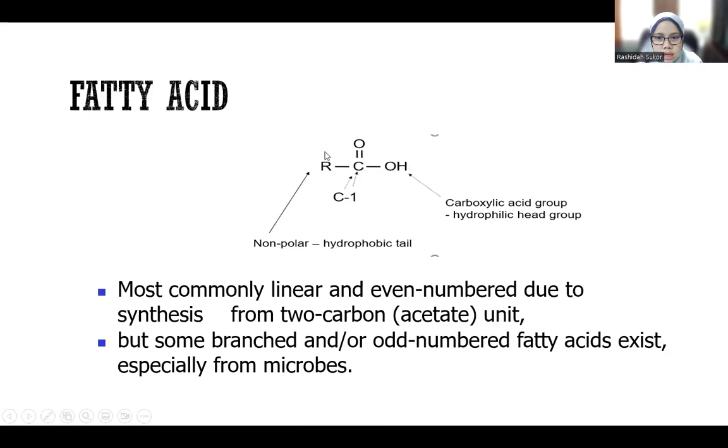This hydroxyl or carboxylic acid group is the hydrophilic head group. Whenever you see a compound with an OH, normally it is more hydrophilic. And then we have the R group. The R group is the one that confers the non-polar hydrophobic part of the lipid.